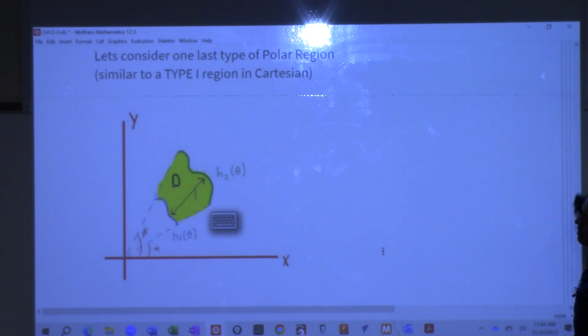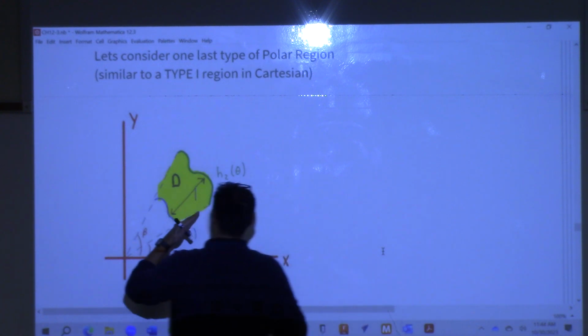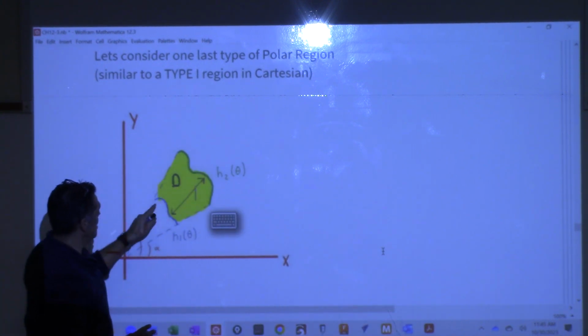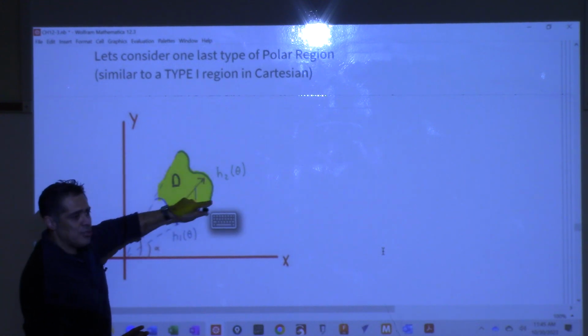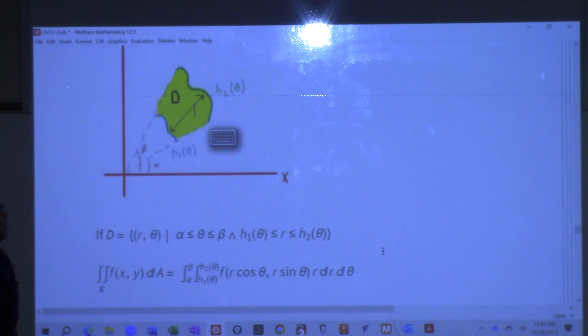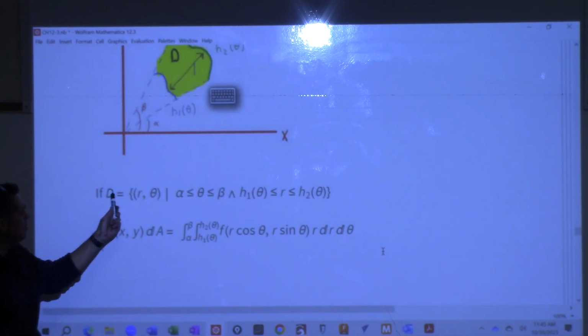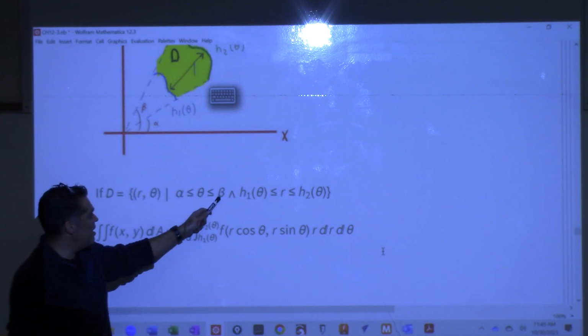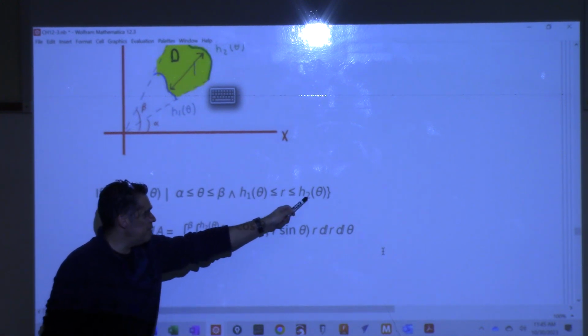See, instead of having your theta between two constants and your radius between two constants, these radii might actually fluctuate as functions of theta. In that case, your domain or your region will be the polar points where your theta is between two constants and your radius is between two functions of theta.